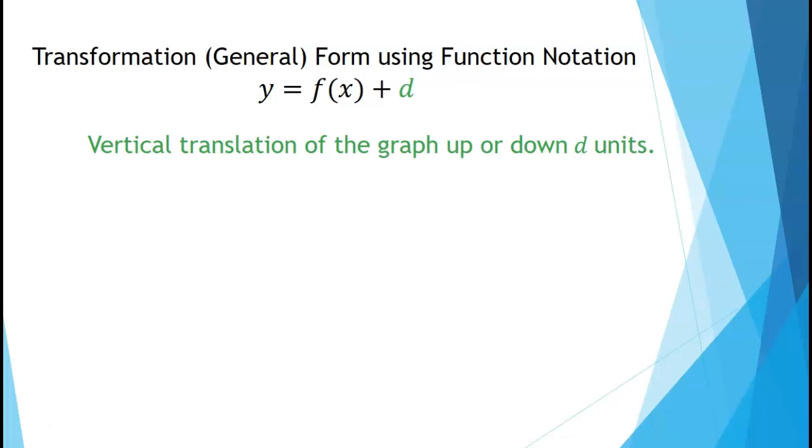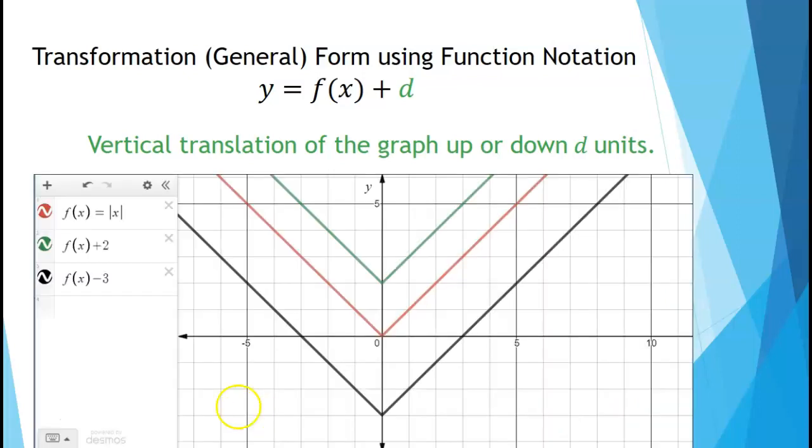Now let's look at this in a graph. Again, the parent function is the red function. Now, if I add 2 to my parent function, I'm going to shift the whole function up 2. That's the green one. If I subtract 3 from the parent function, I'm going to shift this whole thing down 3. Now you notice it didn't shift left or right.